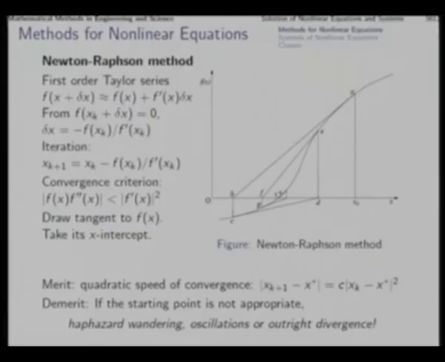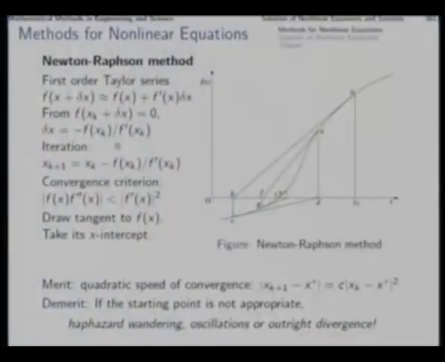So, these are some of the demerits that the Newton-Raphson method has, but when it works, if started close enough and if the function derivative is good, the slope is good, then it converges extremely fast.